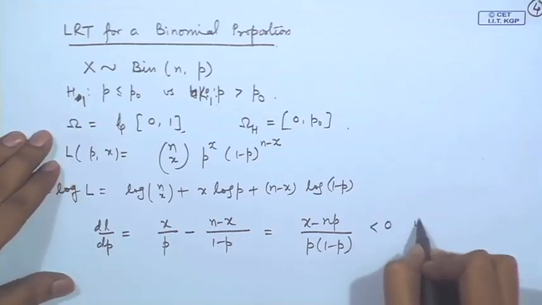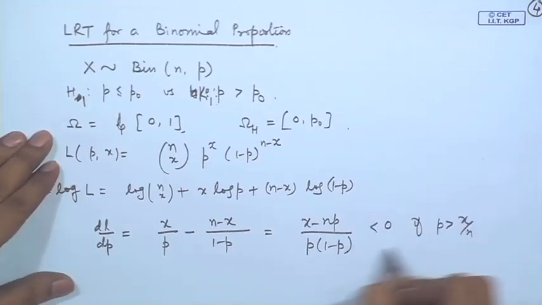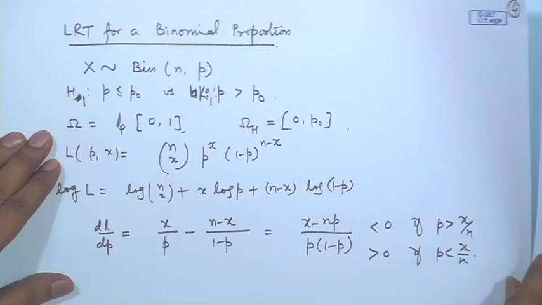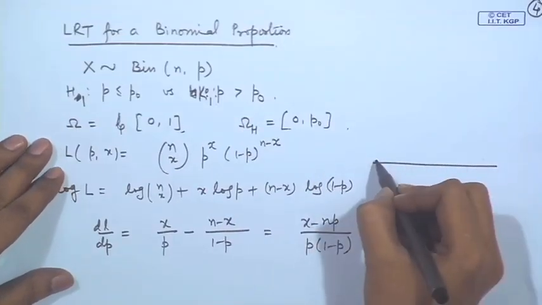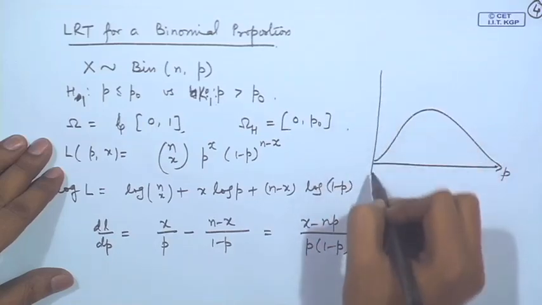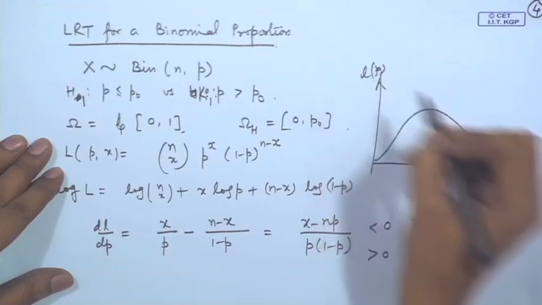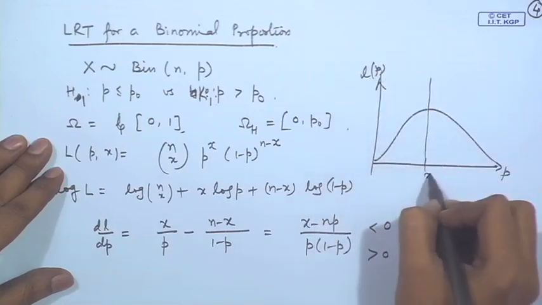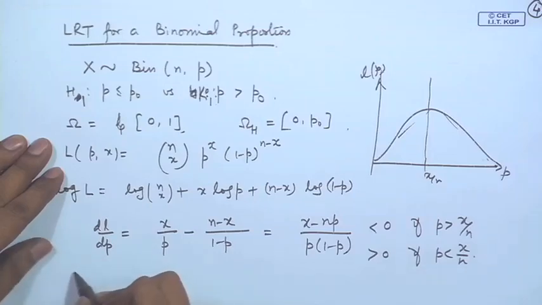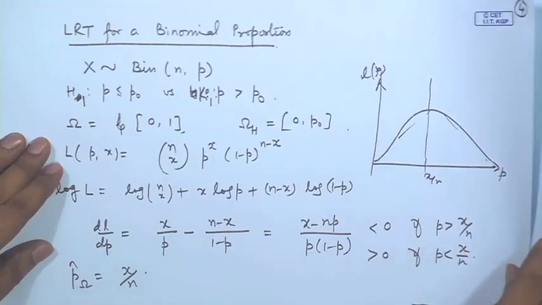This is less than 0 if p is greater than x by n, and it is greater than 0 if p is less than x by n. So, if we look at the behavior of L(p), up to x by n, this is increasing and thereafter it is decreasing. So, p hat omega is equal to actually x by n.